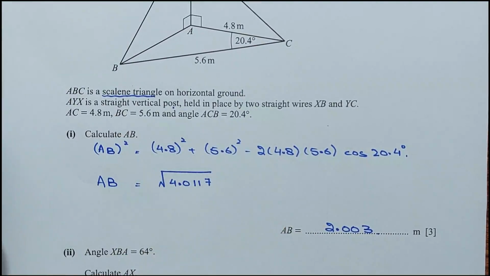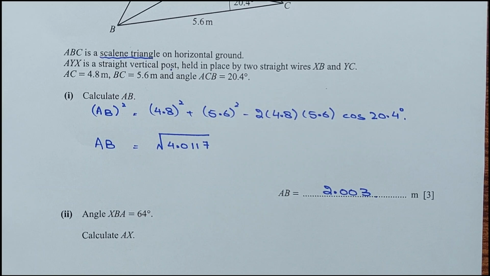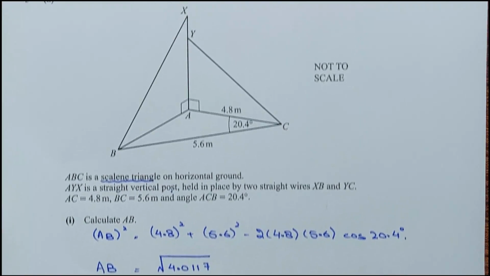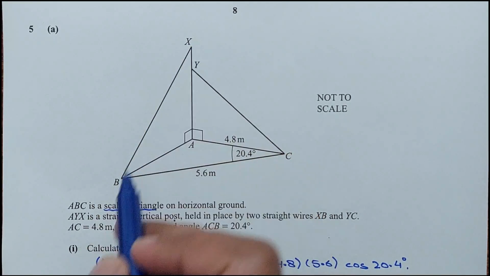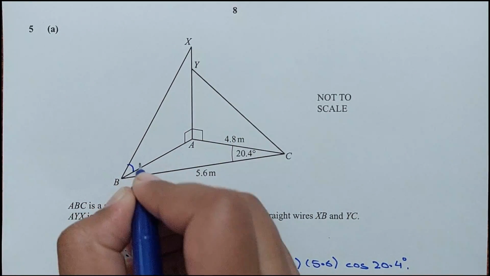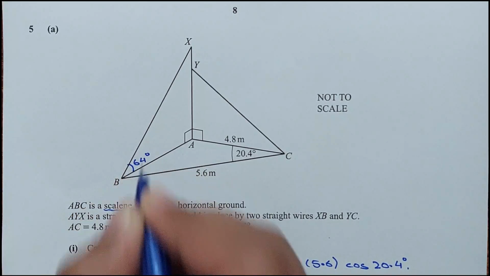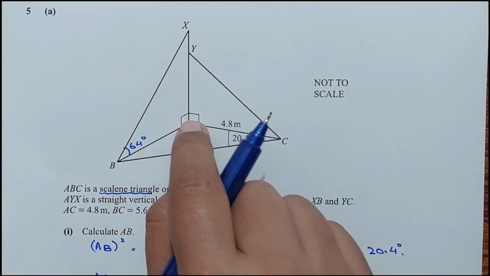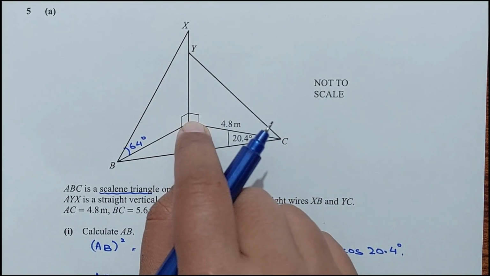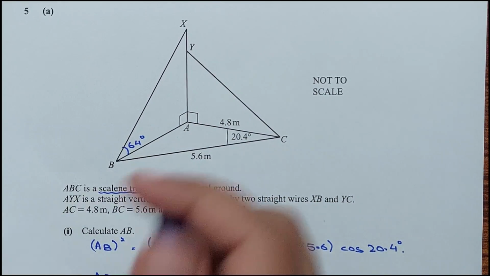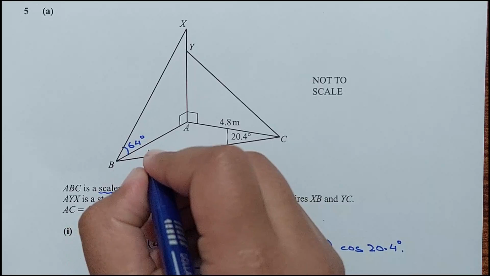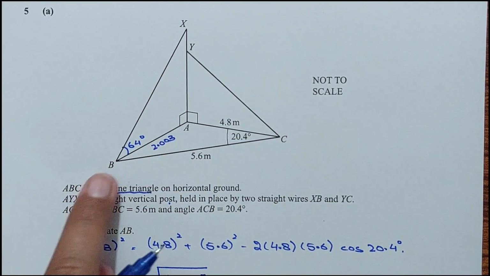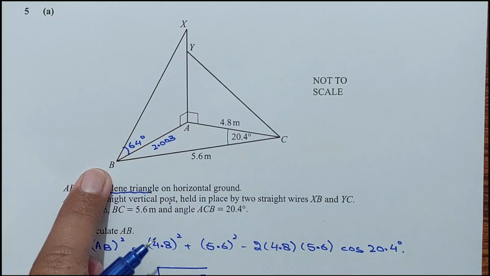meters, right? Now for the second part, angle XBA is 64 degrees. XBA, we have X, B, and A. This angle is 64 degrees, right? Now calculate AX. We have to solve what is AX. A to X, this length, right? So we have AB, we already solved, which is 2.003. It's a right angle triangle. A, B, and X is a right angle triangle.